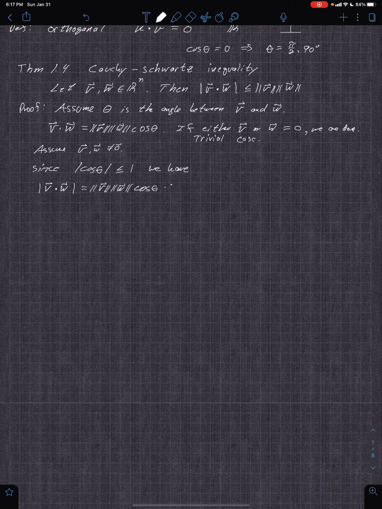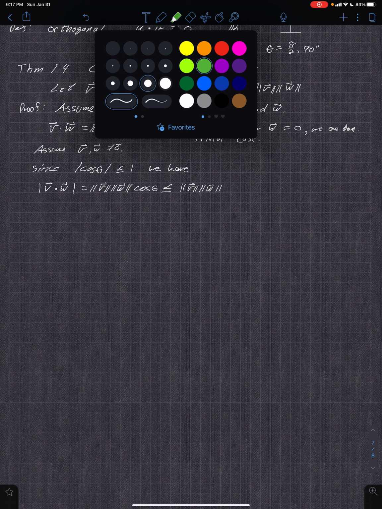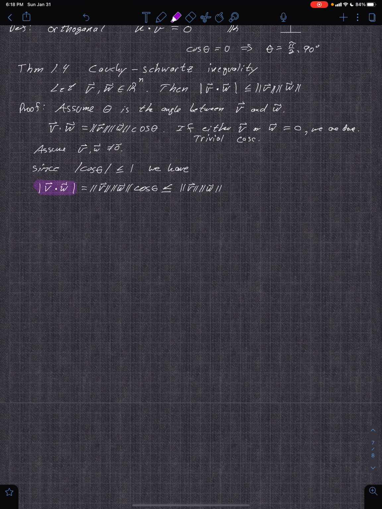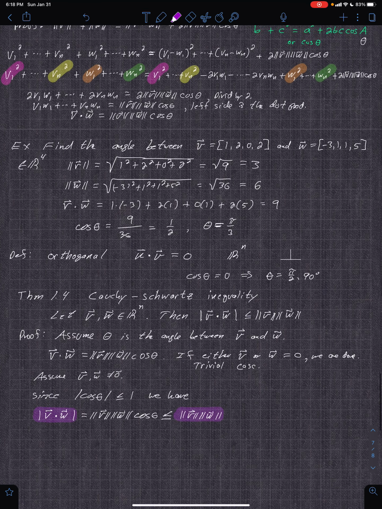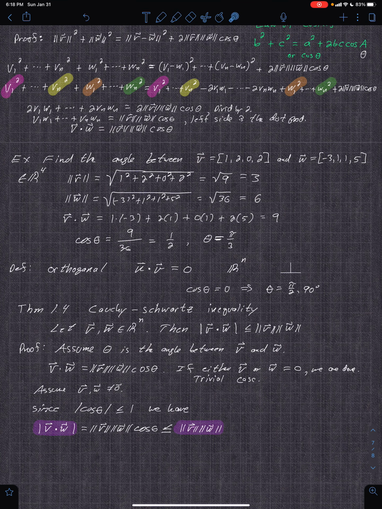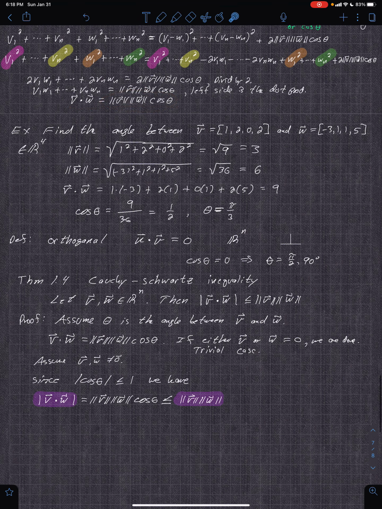That has to then be less than or equal to magnitude V, magnitude W. And that's it. That came really directly from this theorem up here, just because of that equality you get for the angle between them.